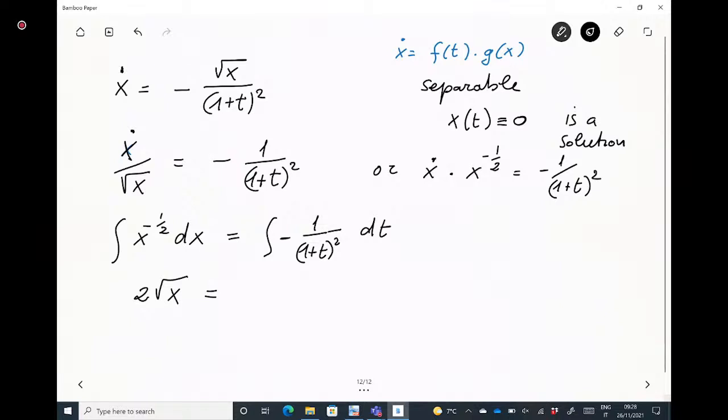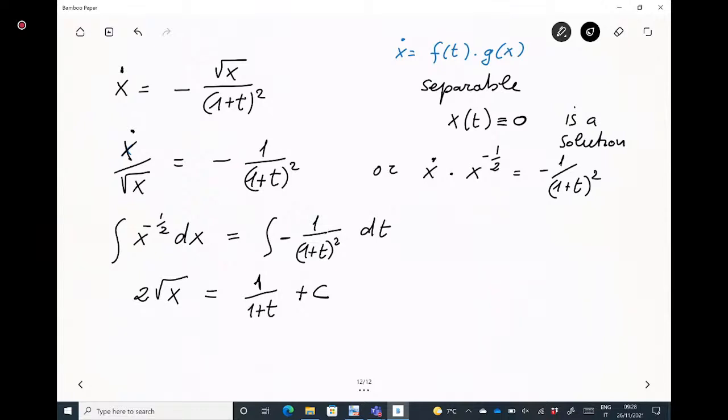So it's elementary, because the coefficient of t is basically 1. So it is 1 over 1 plus t, plus a constant. So you see the solution to separable differential equations is a simple application of integral calculus.